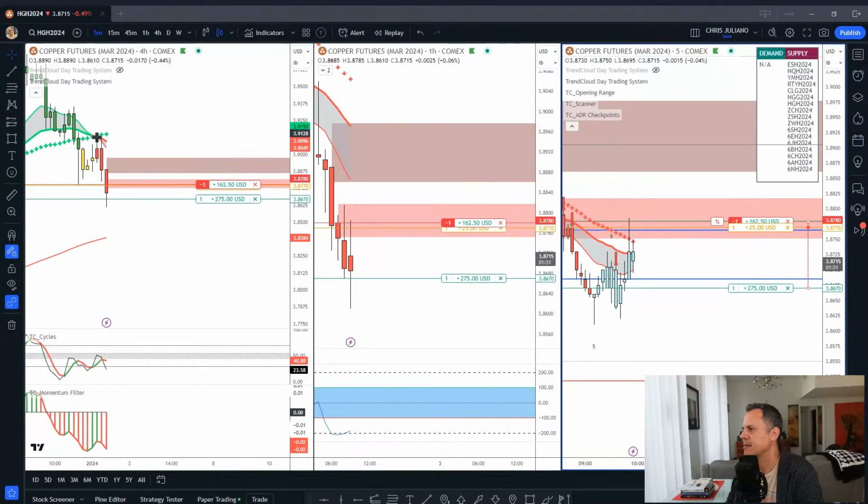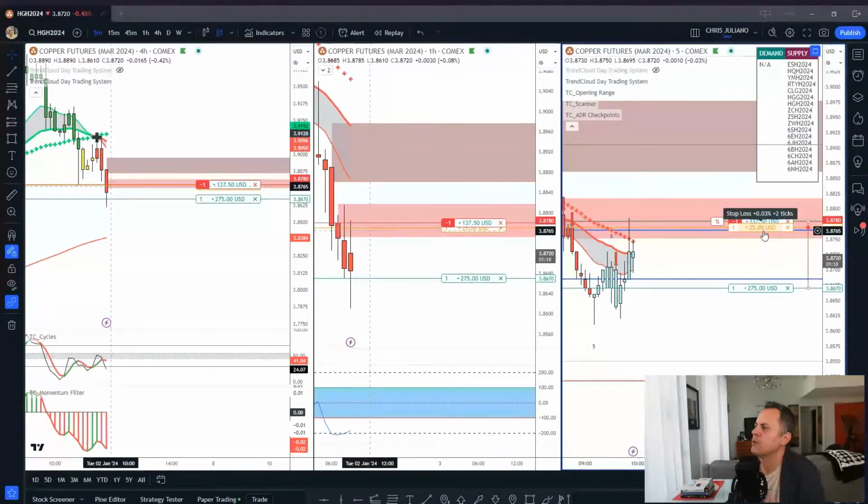So that is the story there. And remember, we're trying to build up a small account. So we're looking to take these moves, and maybe you want to stick with $100 moves.